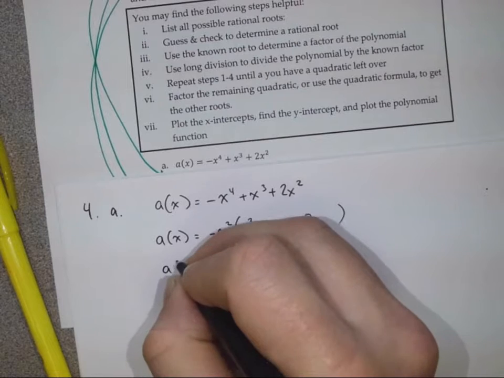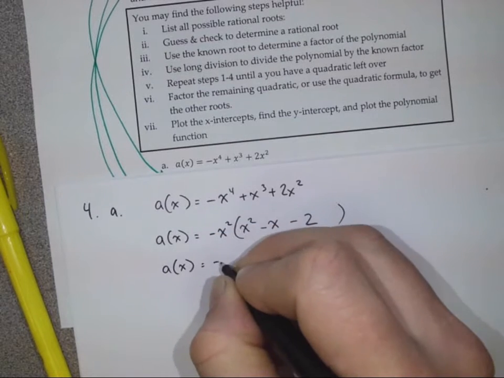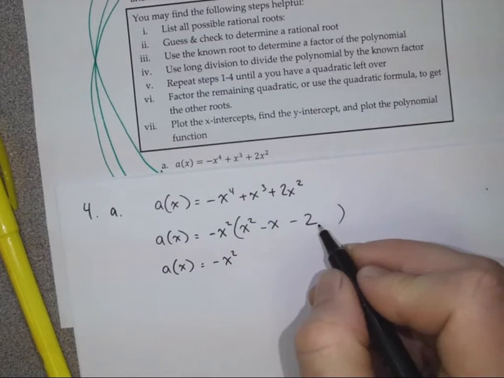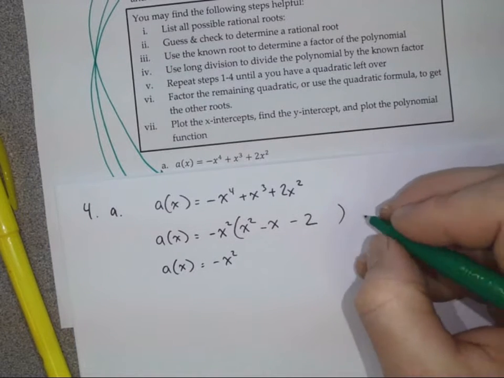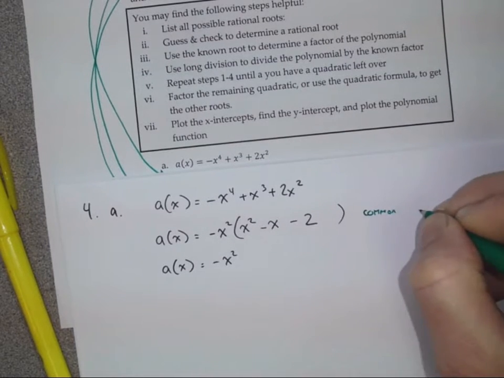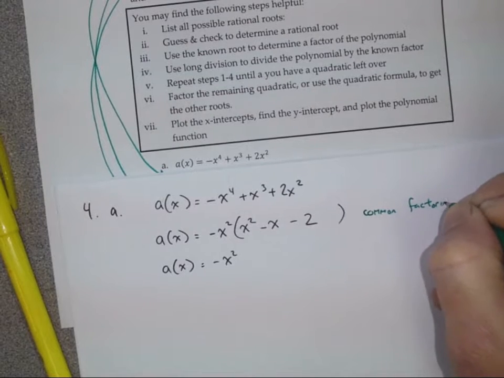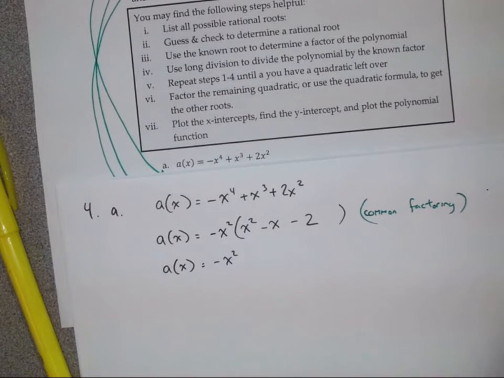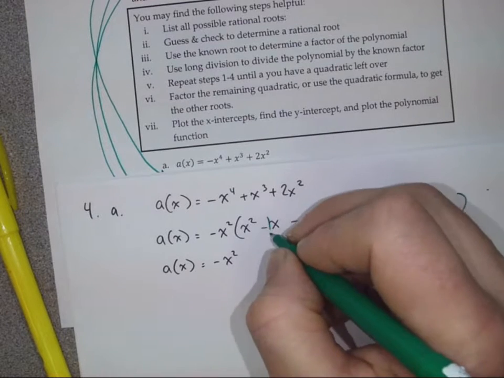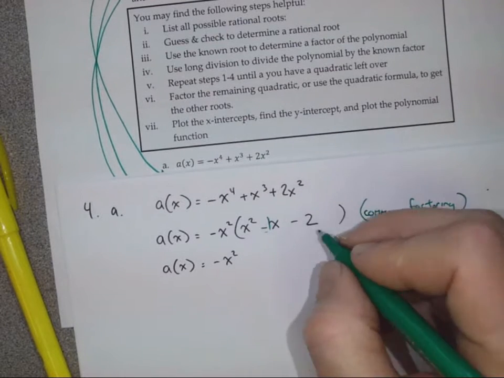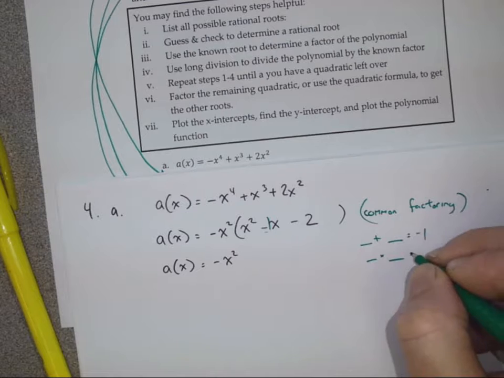Okay, and this I could then sketch because I can write this as a trinomial factoring. So that was common factoring, and now we're going to do trinomial factoring. We're looking for 2 numbers that add to the invisible -1 here and multiply to -2.